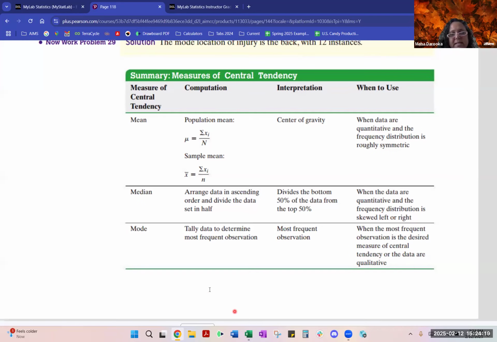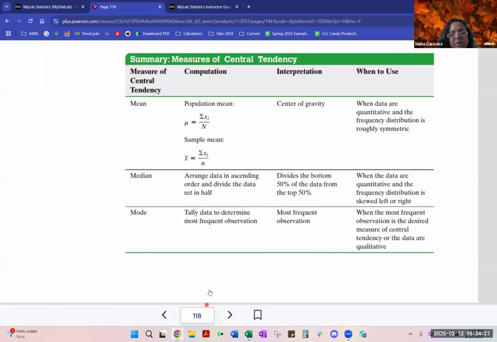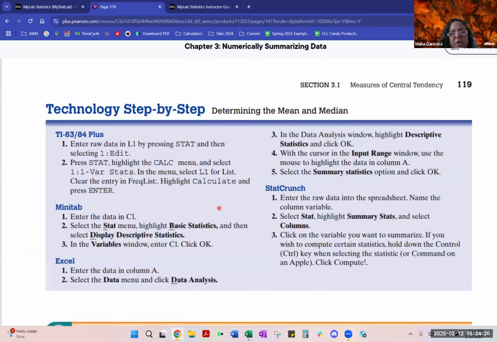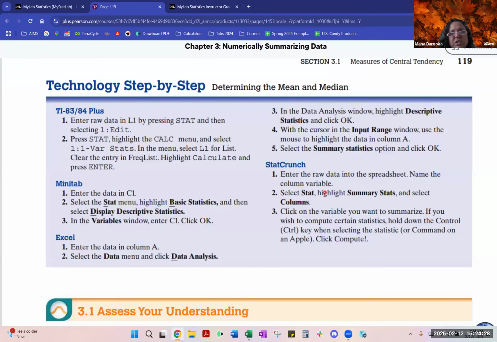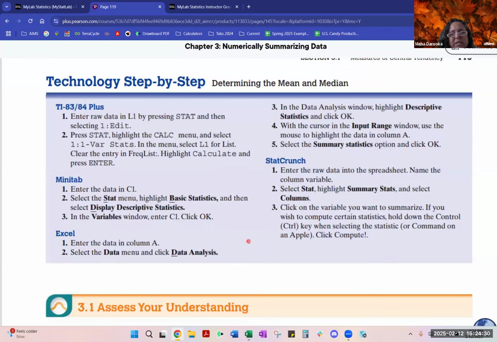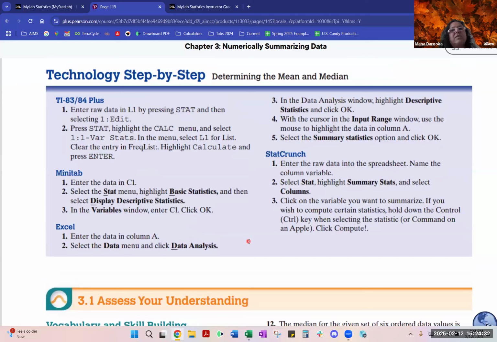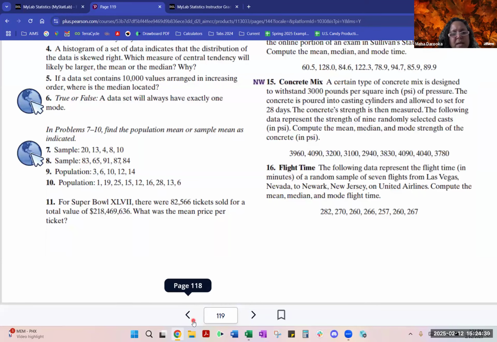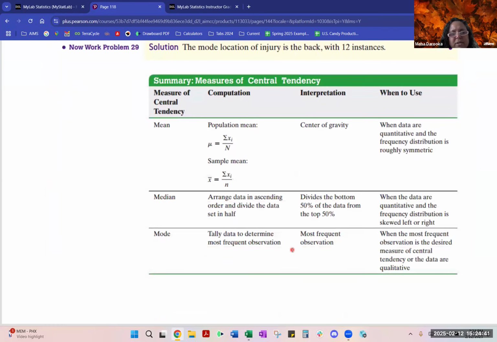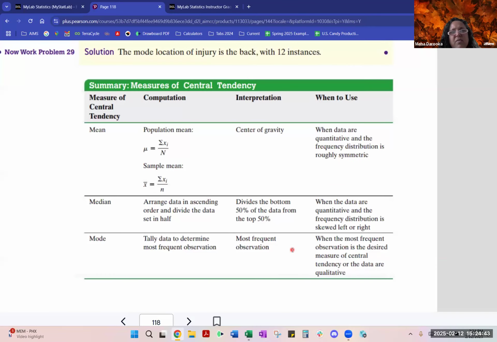I think this is a pretty neat table. And then, as I always point out, they do give you instructions on how you can find these calculations using technology. So what I would like us to do is take a look at one of our own examples. I'm going to leave it on this page for now till I give you access to the example we will be working on.